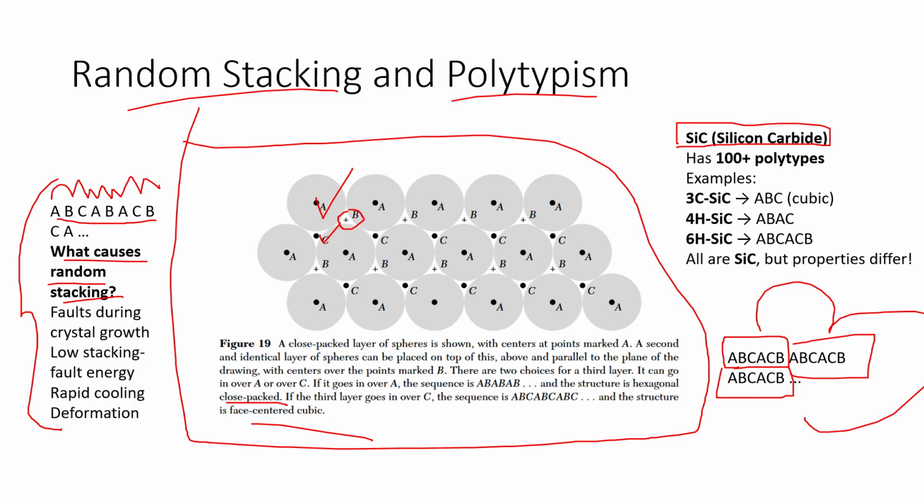It has 100 plus polytypes. In 3C SiC, it is ABC, ABC, ABC. In 4H SiC, it is ABAC, then again ABAC. And in 6H SiC it is ABC, ACB, and this repeats itself.